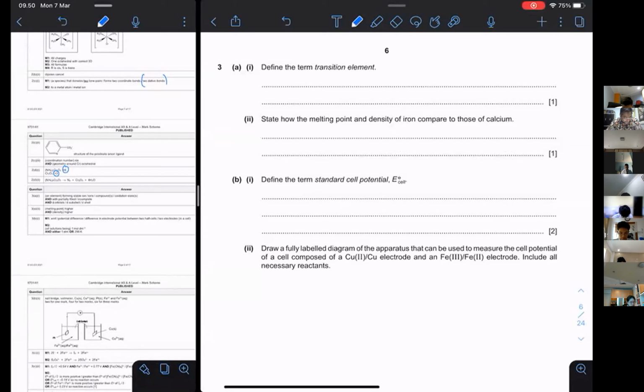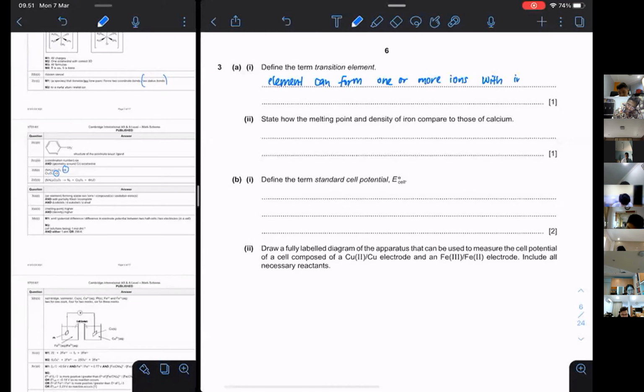It's going to be the element that can form one or more ions with incomplete d orbitals. This is the element that can form one or more ions with incomplete d orbitals.